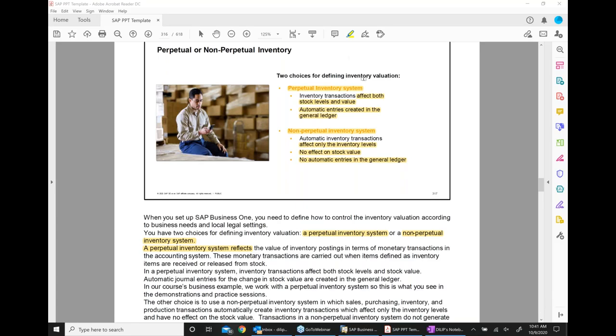make a note here: inventory transaction affects both stock level and value.